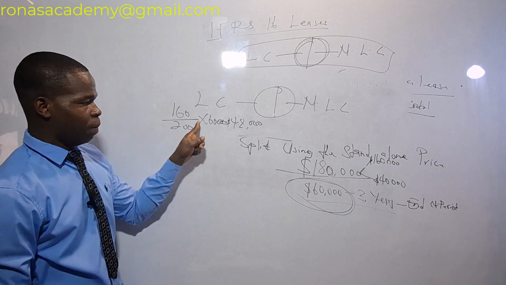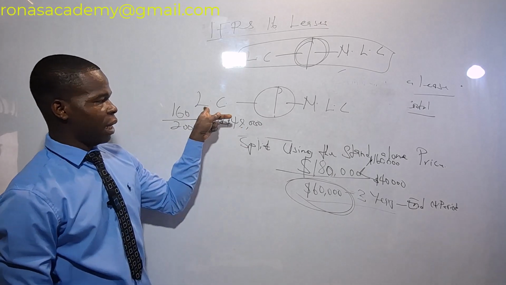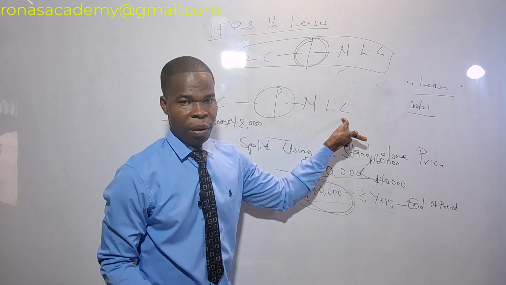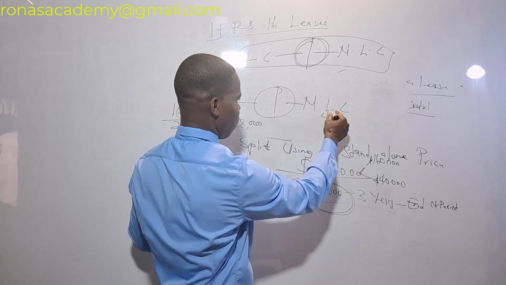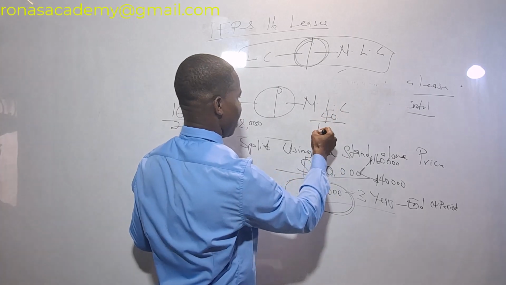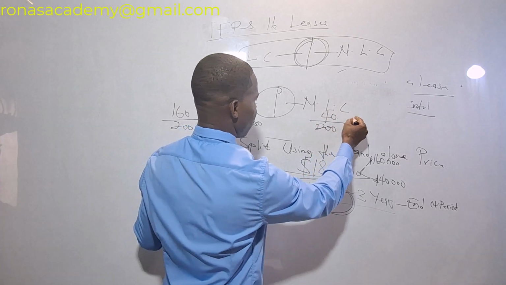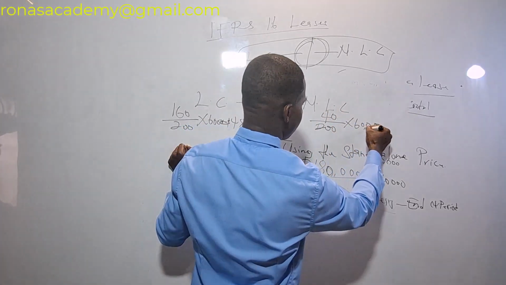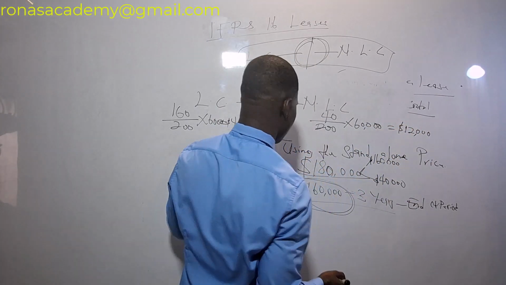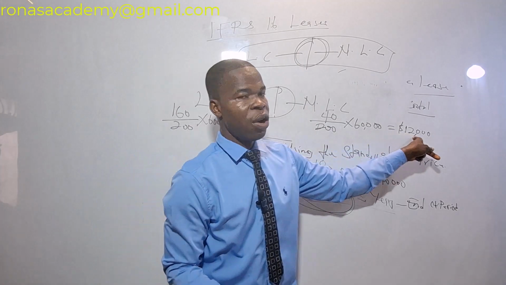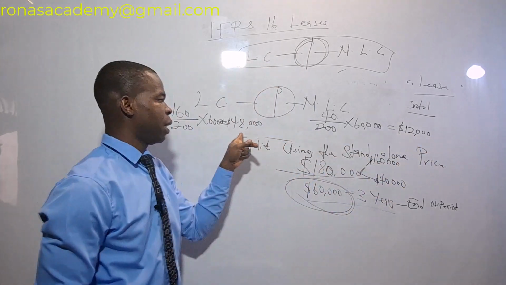So we are splitting the 60,000 between the lease component and the non-lease component. For the non-lease component, it is 40 divided by 200 times the 60,000, which gives us 12,000. So this is the non-lease component, and this is the lease component.